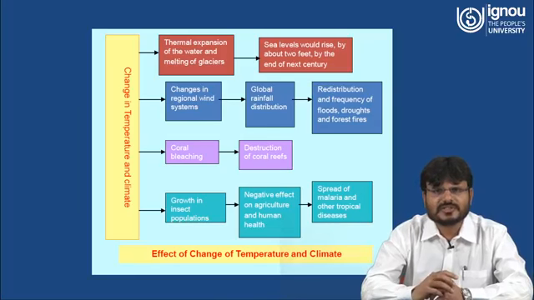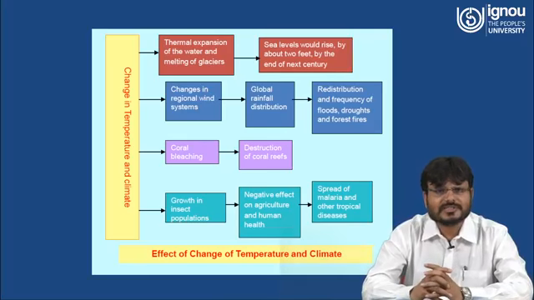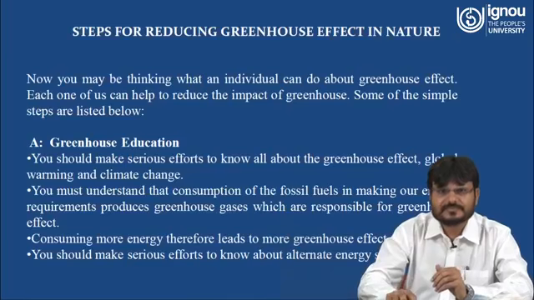Due to this, global rain distribution is disturbed, and again due to this change in temperature and climate, coral bleaching occurs. And because the temperature is very high and the climate is very disturbed, growth in the insect population is more, and due to this there is a negative effect on agriculture and human health, and different types of diseases occur, like the spread of malaria and other tropical diseases.